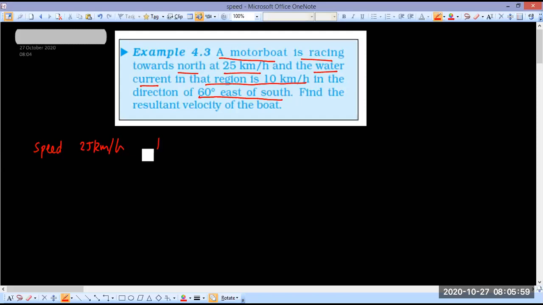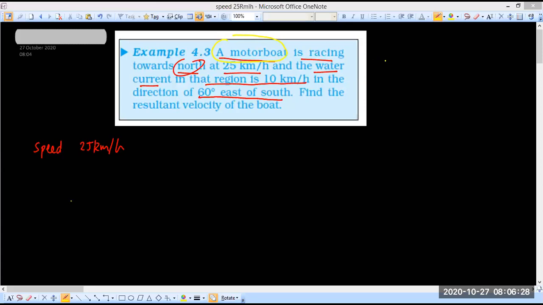Now, this thing is given with respect to what? That is the first point that we should get clear about. This is a motorboat, right? So a motorboat moves in water. So whenever someone specifies the speed of a motorboat, that is going to be with respect to water, right?